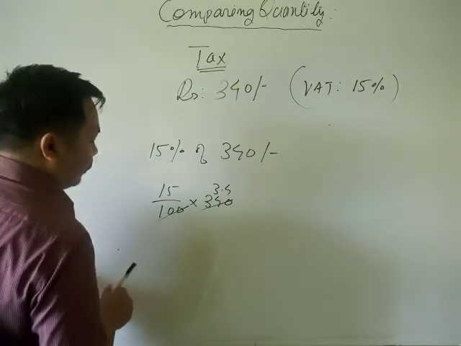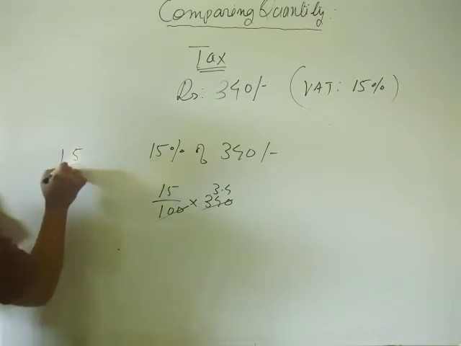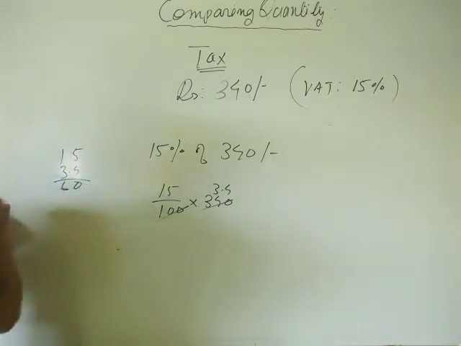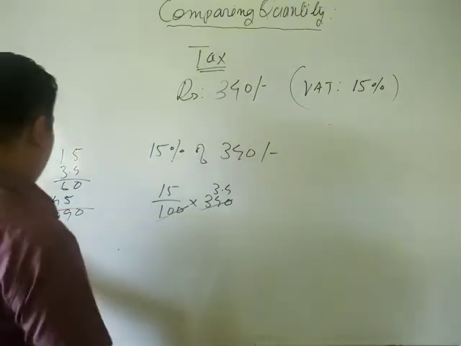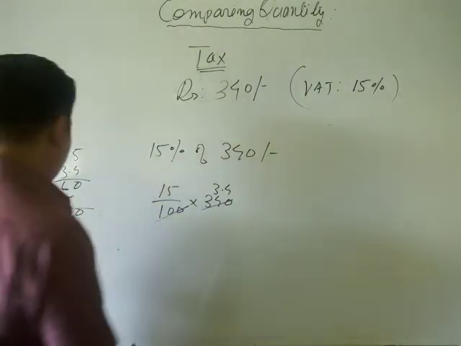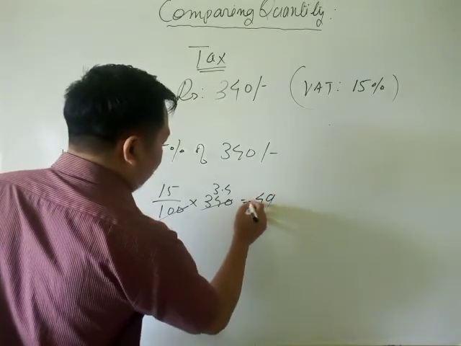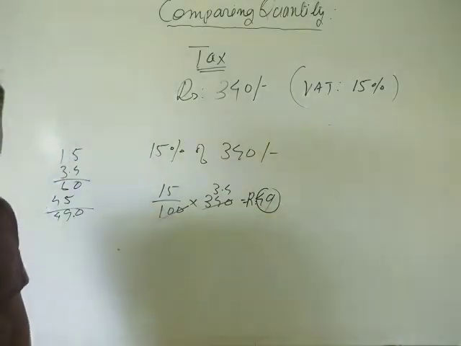Then multiply this 3.4 by 15, and it is 51. So rupees 51 was the tax already added here.